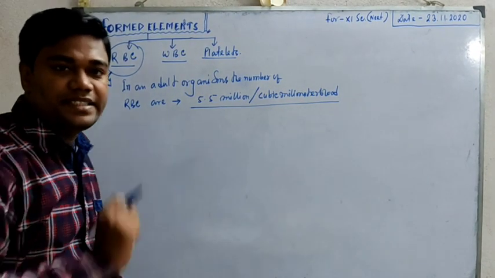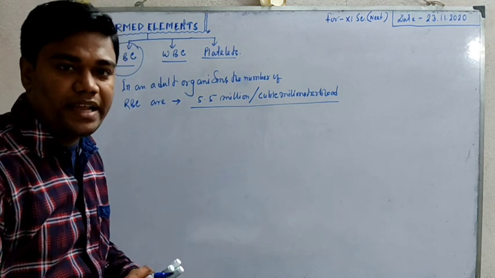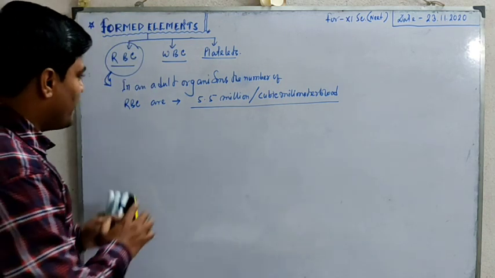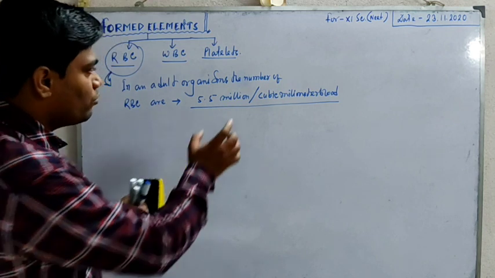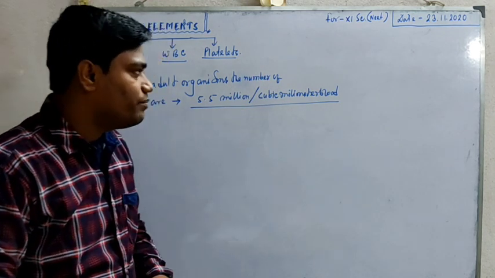Though it varies, it is higher when we are at high altitude. So in adult organisms, male and female both, the number of RBCs is 5.5 million per cubic millimeter of blood.